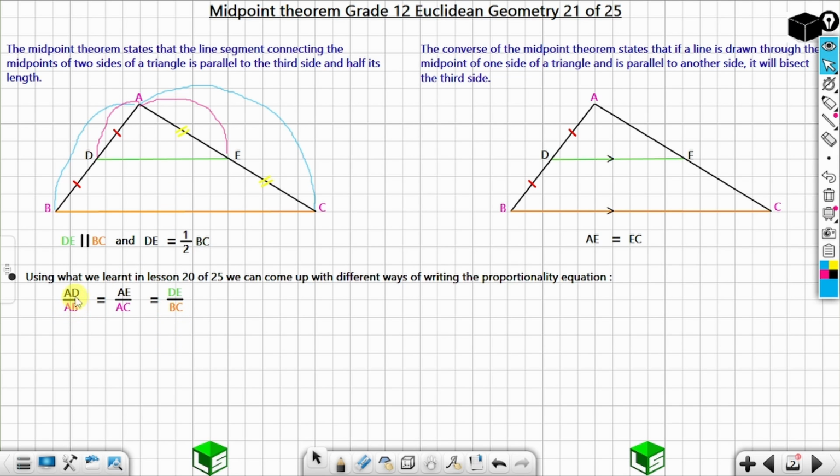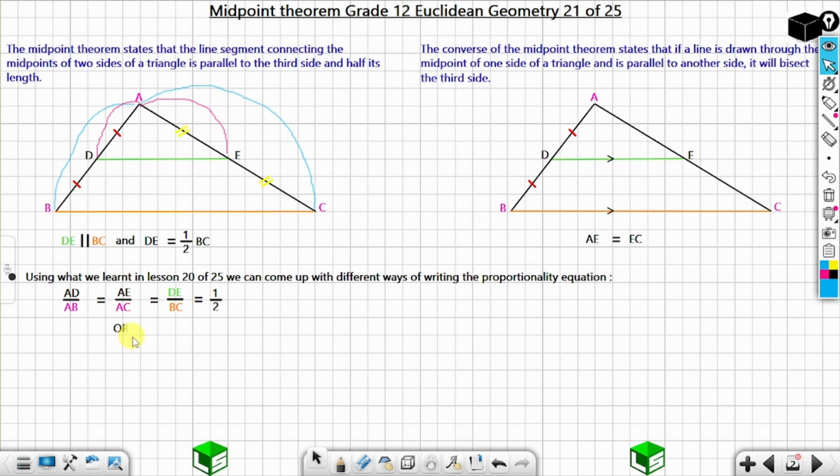You have a smaller portion over the entire side, equal to a smaller portion over the entire side, equal to the smaller part over the bigger part. Smaller over bigger, equal to smaller over bigger, equal to smaller over bigger. Do not swap around. This is equal to 1 over 2.